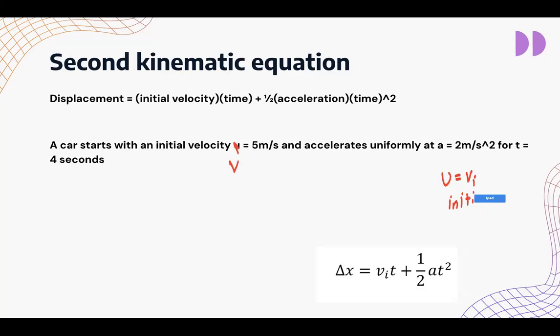So if you ever see u like this, that's just equal to v sub I. Go ahead and do the equation though. If you guys weren't here to create the kinematic equations, don't worry about it. Just trust that these equations work and memorize them, right?